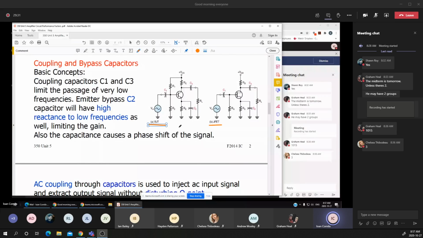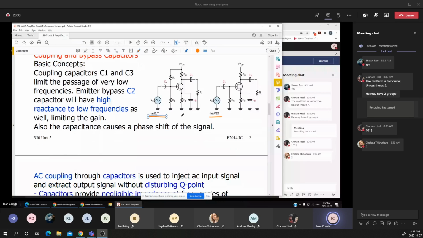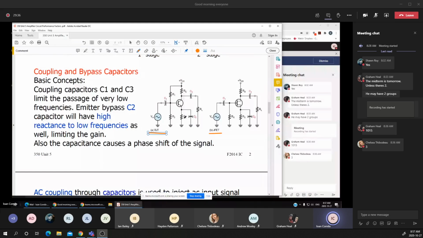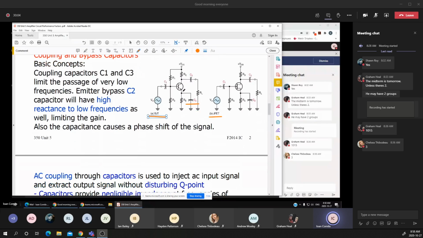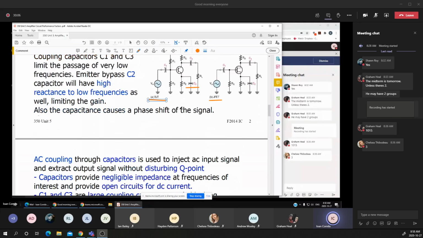To remind you about the reactance of a capacitor, that's actually an improvement on the response of the transistor. And in the next lab, in the computer lab, we'll see the effect of C2 when it's removed from a circuit, and what is the purpose of having the capacitor across the RE, the emitter resistor.